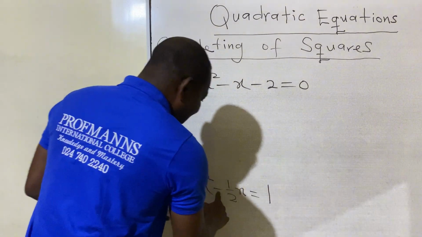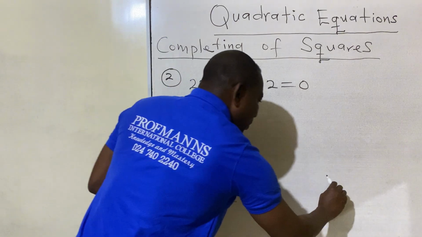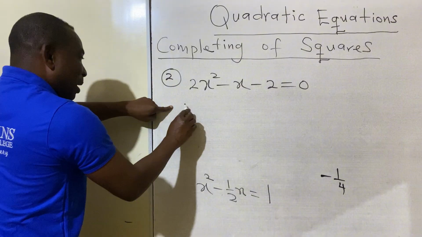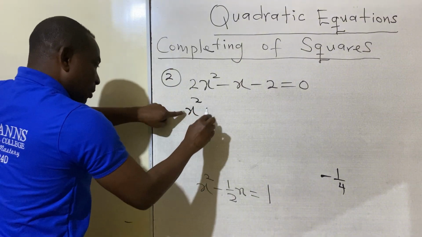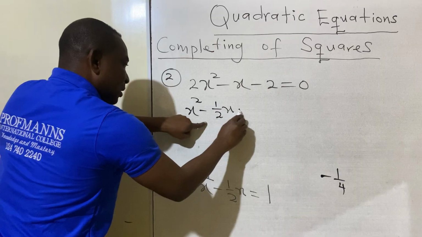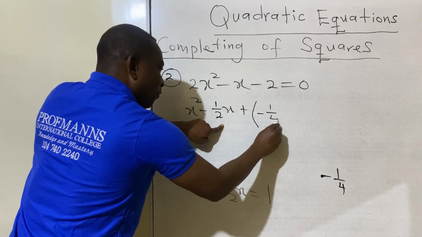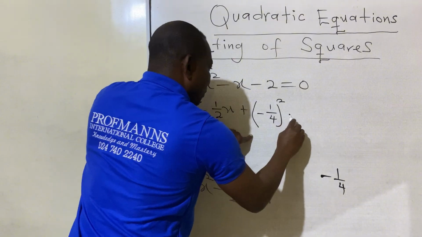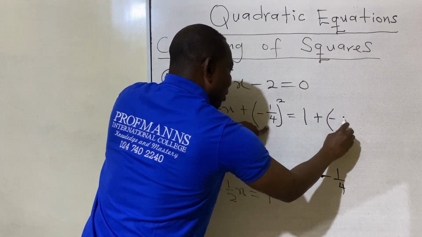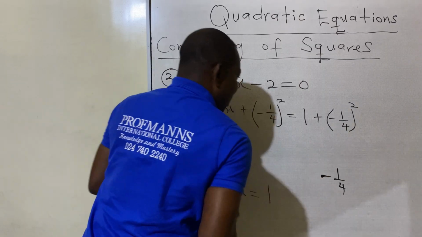So when we divide minus half by 2, it gives us minus 1 over 4. So it becomes x squared minus 1 over 2x plus then minus 1 over 4 squared is equal to 1 plus and then minus 1 over 4 squared.